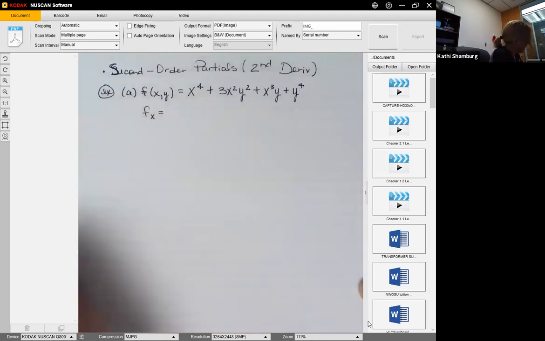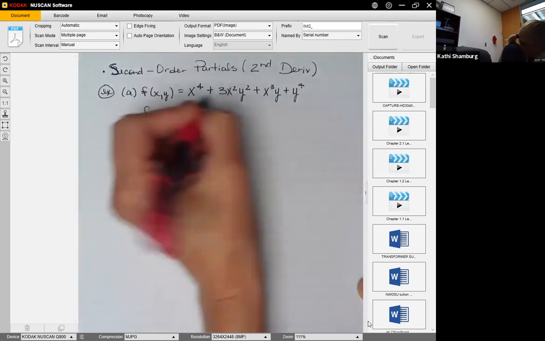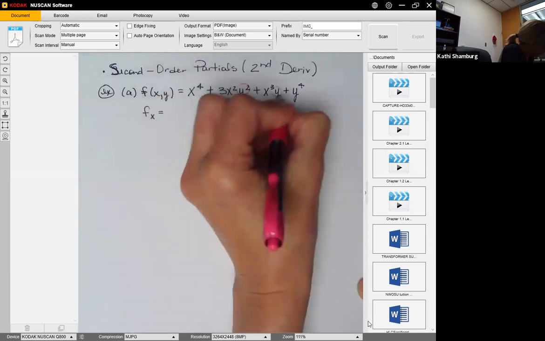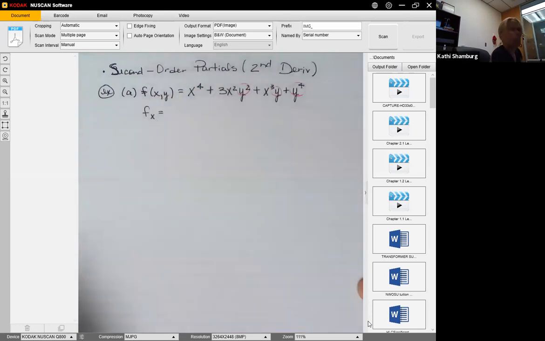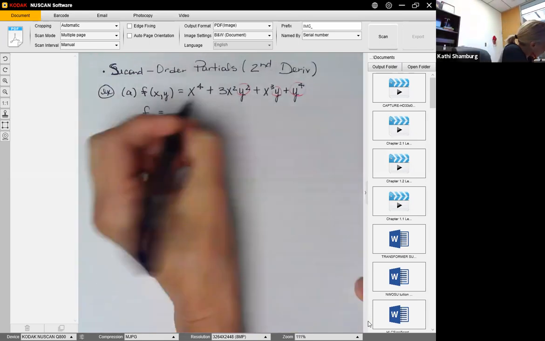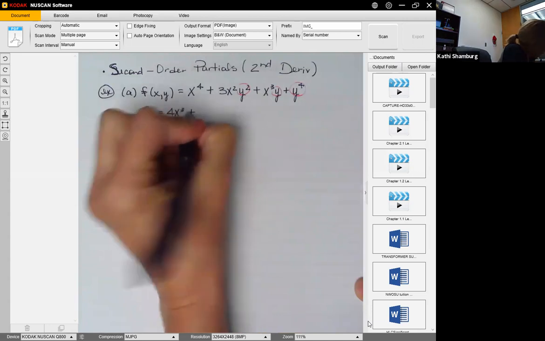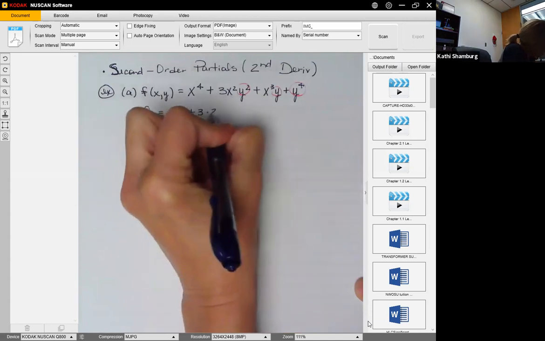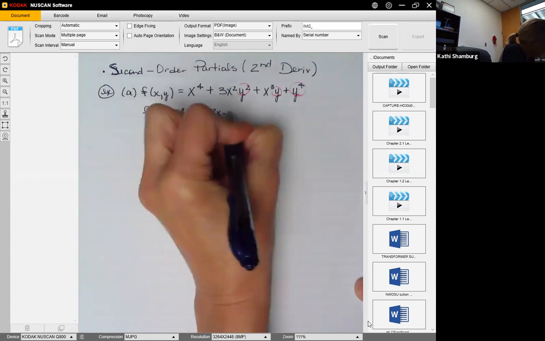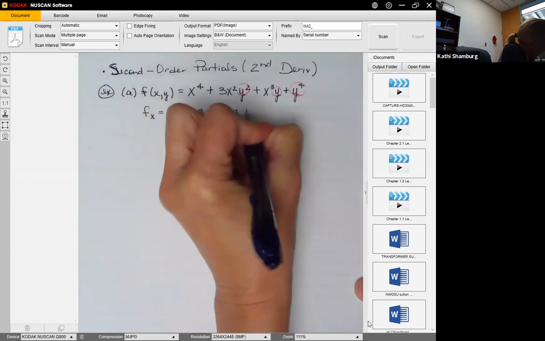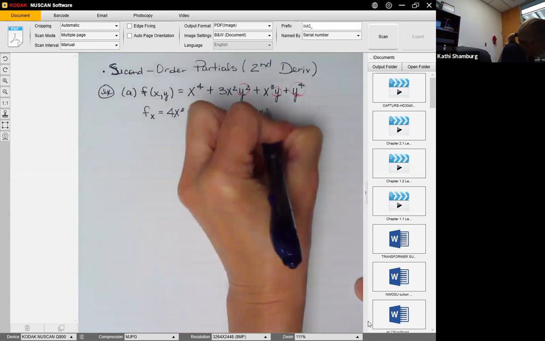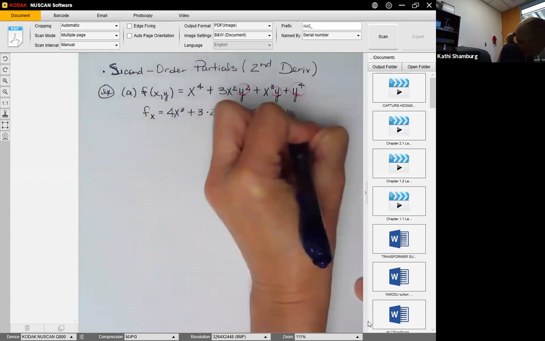So what that means is that my y's are constant multiples or constants. So I'm going to go through this pretty quickly. Hopefully you're kind of getting the hang of this. So this would give us 4x cubed plus 3 times 2x times y squared plus 3x squared times y plus 0.